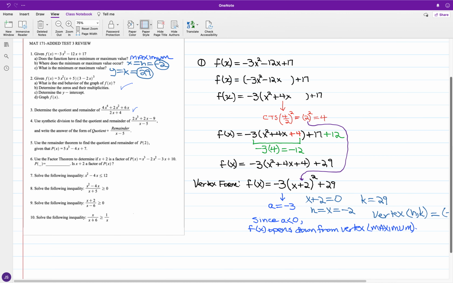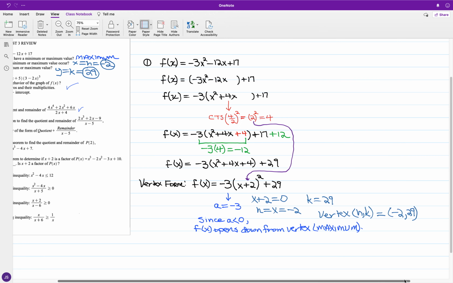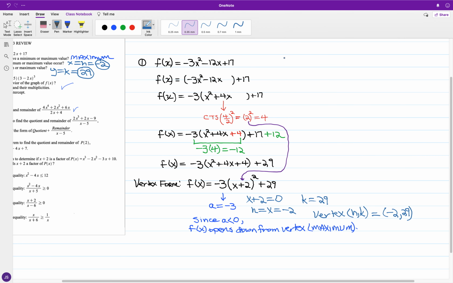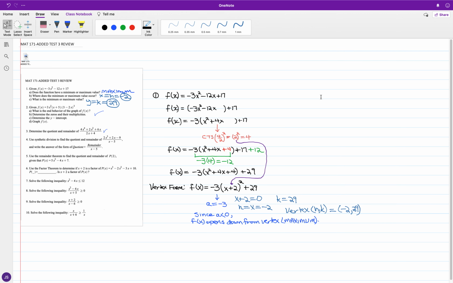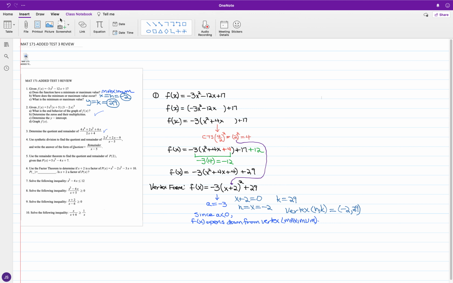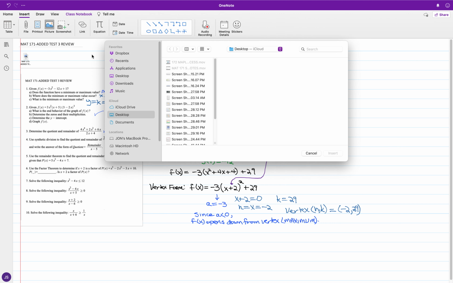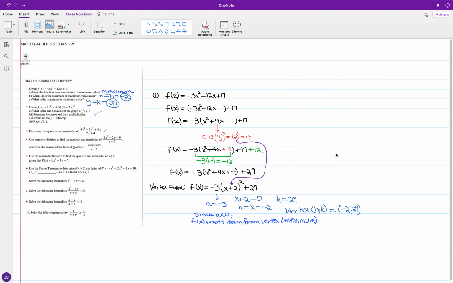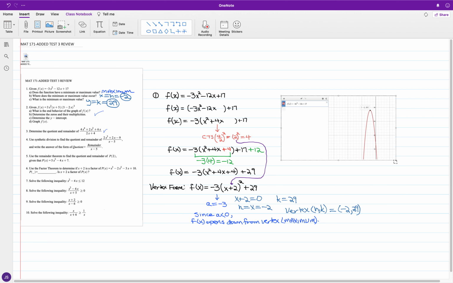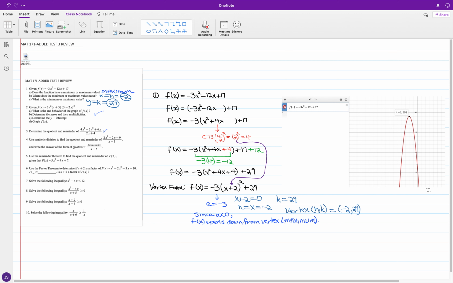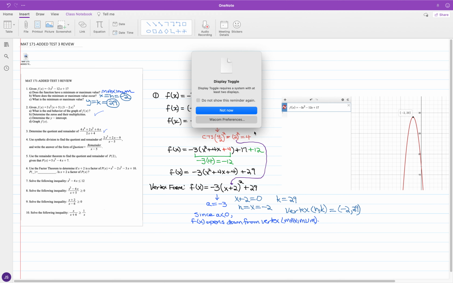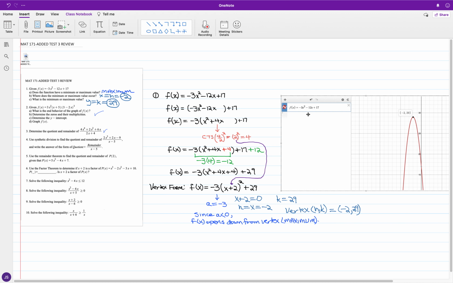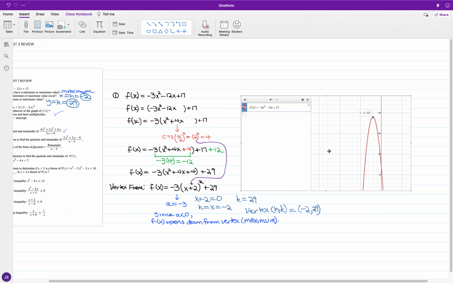And just for the overall picture, we have the graph of f of x equal to negative 3x squared minus 12x plus 17.